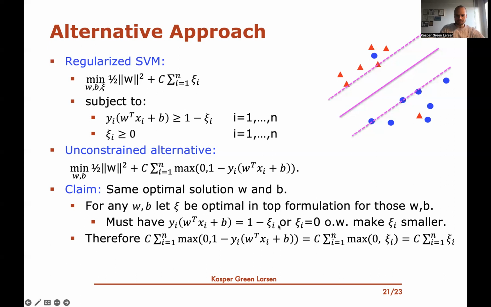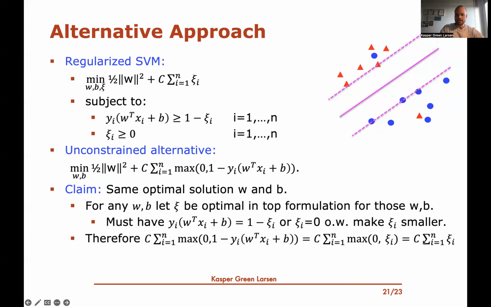We just said that these psi i's satisfy that, if you move the psi i to the left-hand side and the functional margin to the right-hand side, psi i equals 1 minus the functional margin, or 0. So the maximum of 0 and 1 minus the functional margin is exactly the same as the maximum of 0 and psi i, and the psi i's are non-negative.